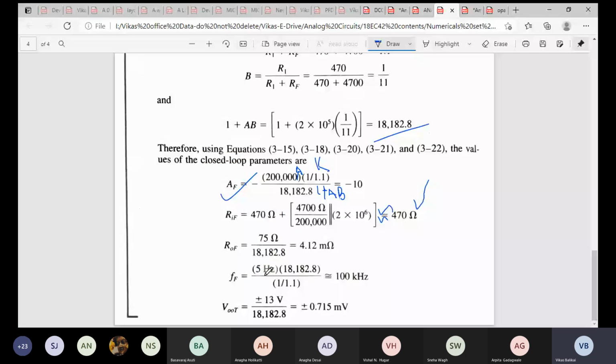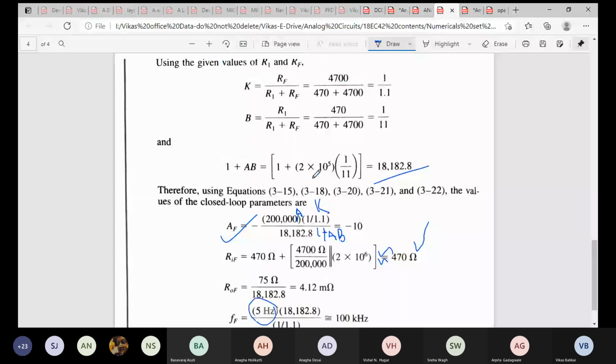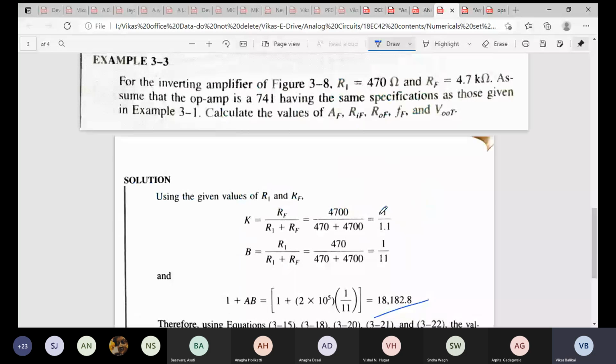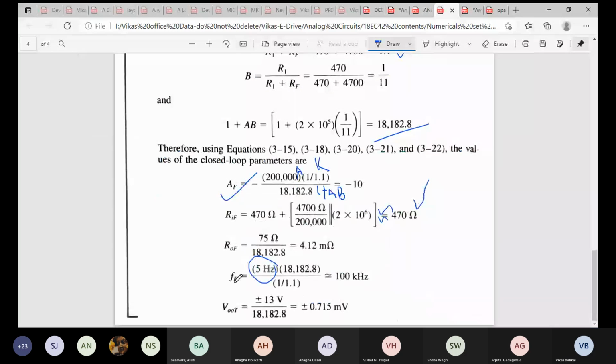F0 is 5 hertz, which is already given. 1 plus A beta you already calculated, divided by K. K value is 1 by 1.1, which you have calculated over here. Substitute and you get the value as 100 kilohertz. So this is how we calculate the equations or parameters with respect to non-inverting and inverting.